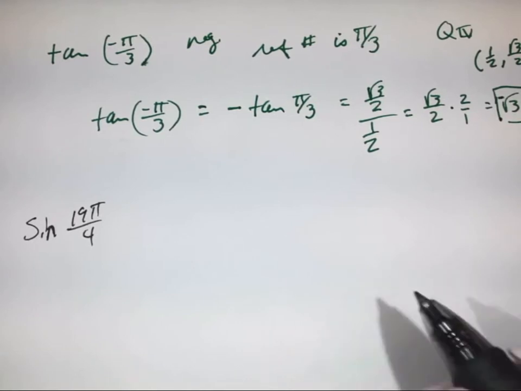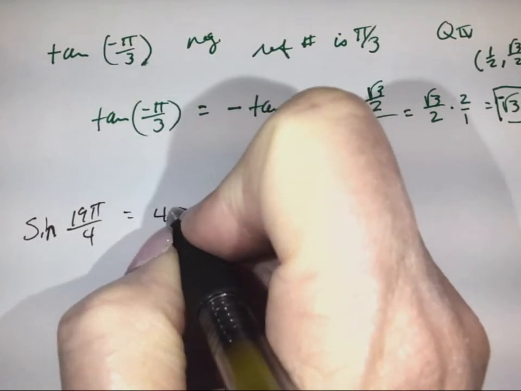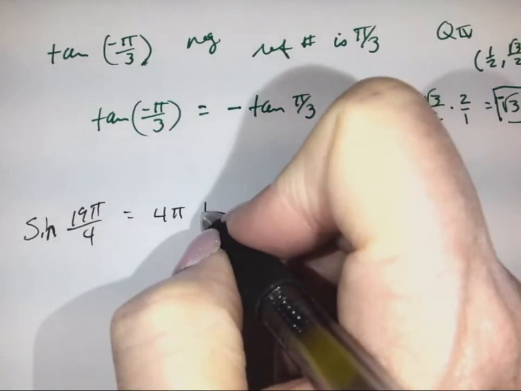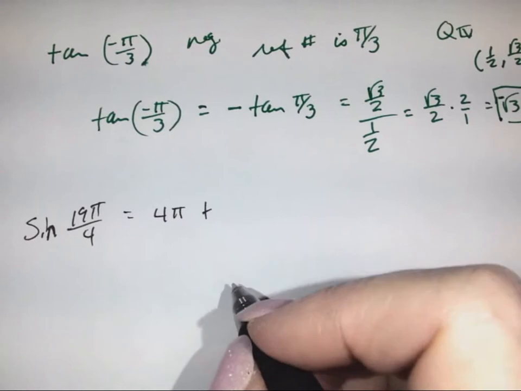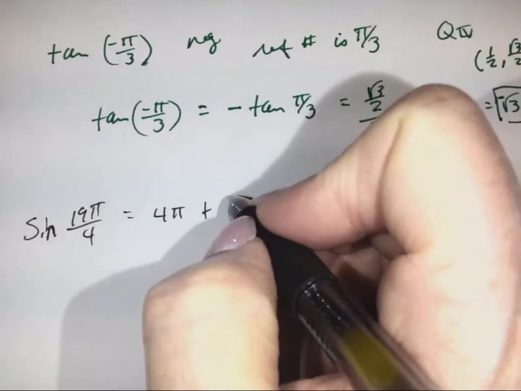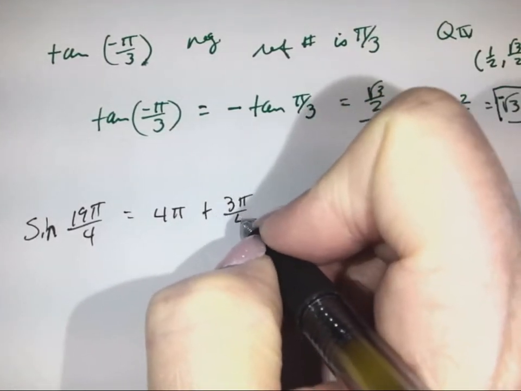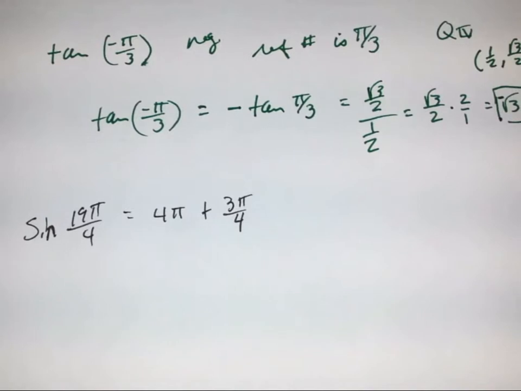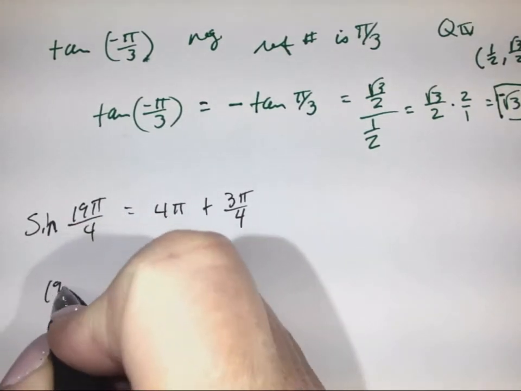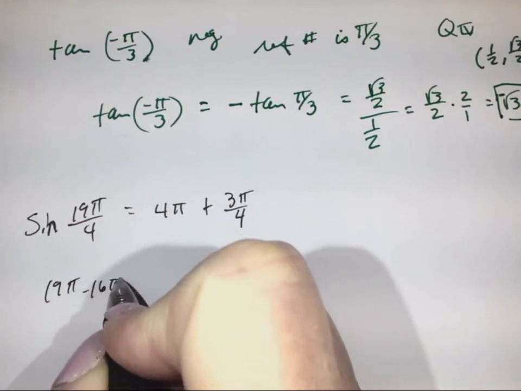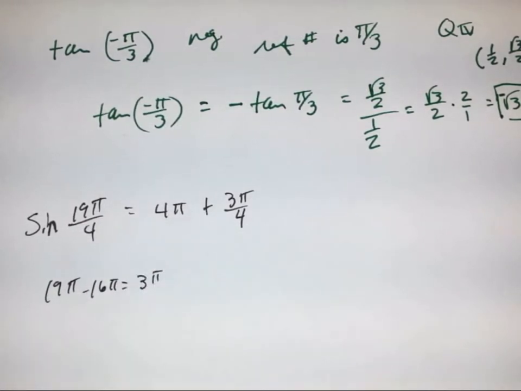So this would be 4 pi plus 3 pi over 4, because 19 minus 16 gets us 3 pi over 4. And 4 pi times 4 would get you that 16, so 19 pi minus 16 pi would get you 3 pi left over.